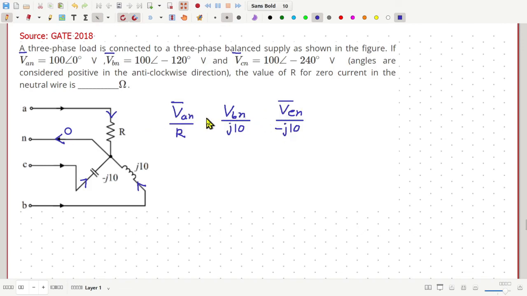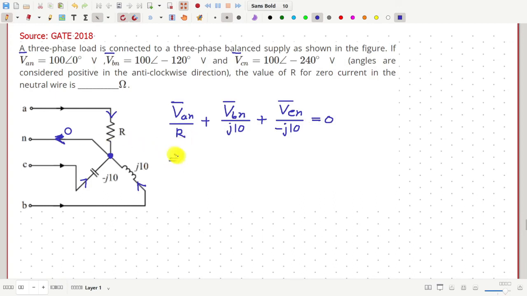If we add these three currents, then that will be the same as this neutral current according to Kirchhoff's current law at this star point. So this should be equal to 0 since the neutral current is 0.